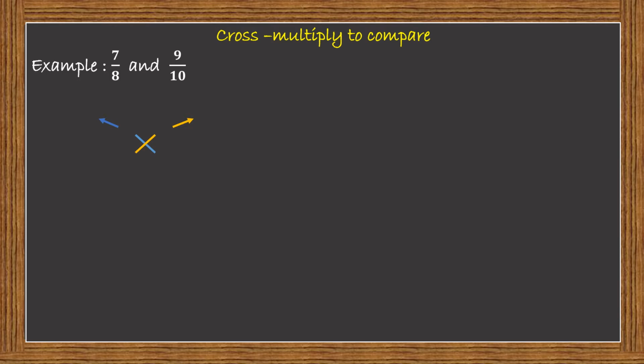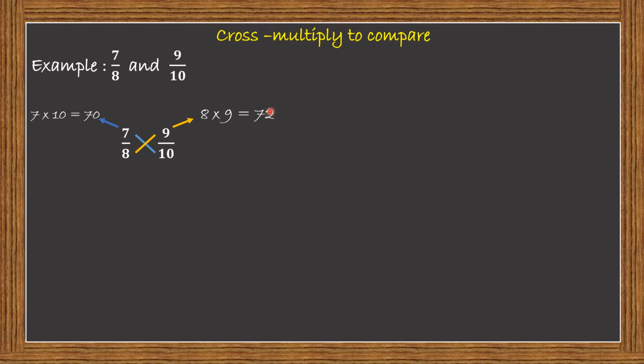So first, in this cross multiplication, what we have to do is, see here, we have written 7 upon 8, then we have written 9 upon 10. Then we have made a cross. Have you seen? One with a blue line, one with a yellow line. So with the yellow line, you have to cross multiply these two numbers and write the product on the right hand side.